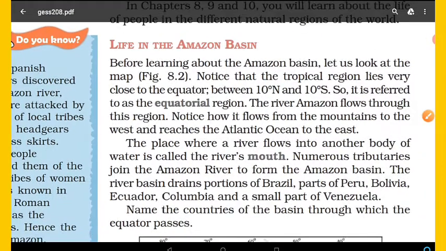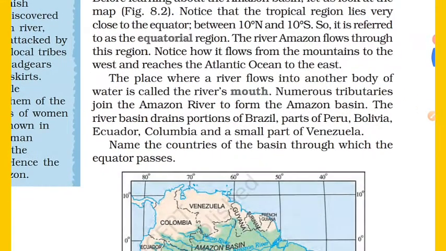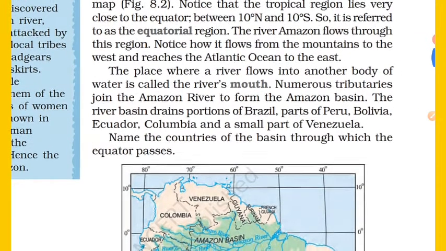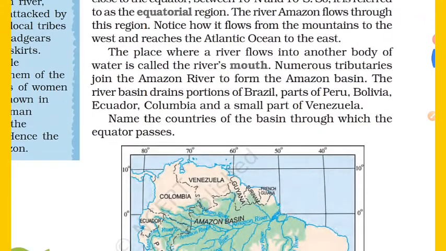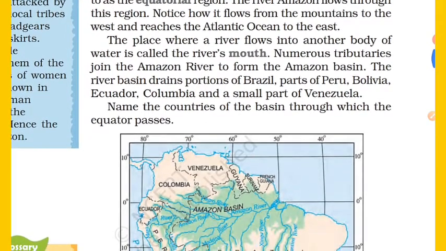Life in the Amazon basin. Before learning about Amazon basin, let's look at the map 8.2. Notice that the tropical region lies very close to equator between 10 degree north and 10 degree south latitude, so it is referred to as equatorial region, about which we have discussed.